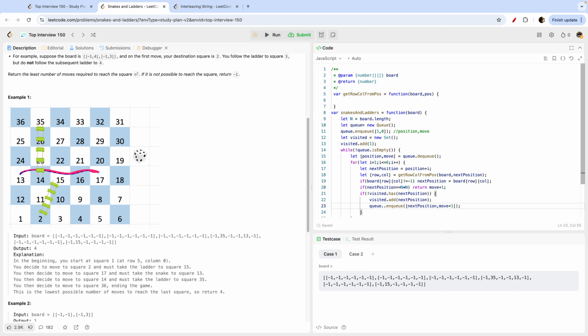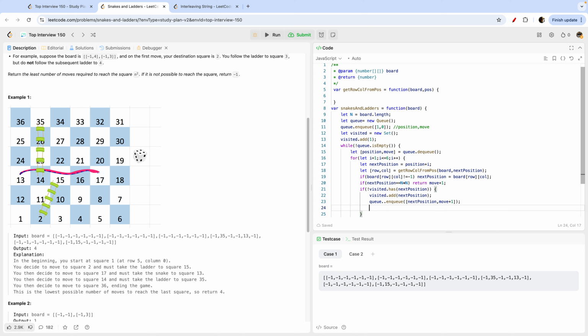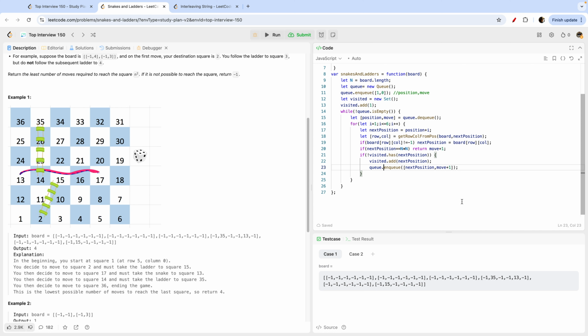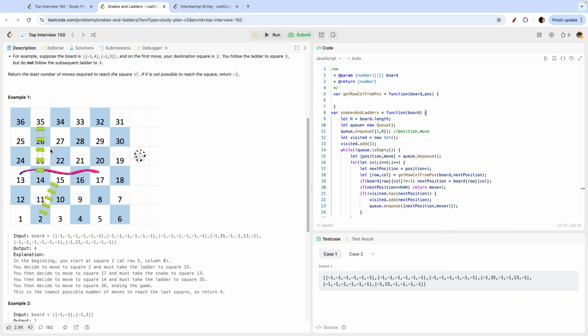We need to mark the visited as well, visited.add next position. Here by mistake I added an extra dot. I think we are good over here. If we cannot get to the last cell, you can basically return -1.